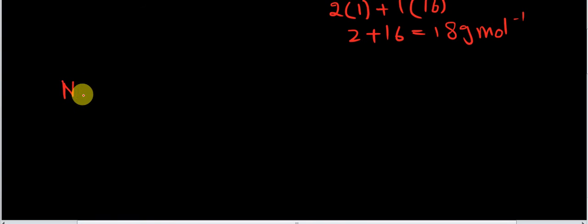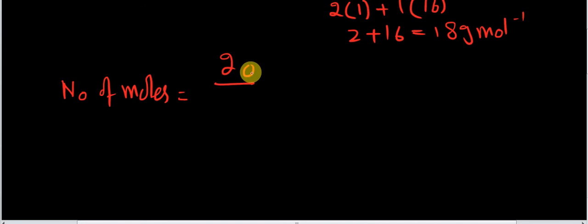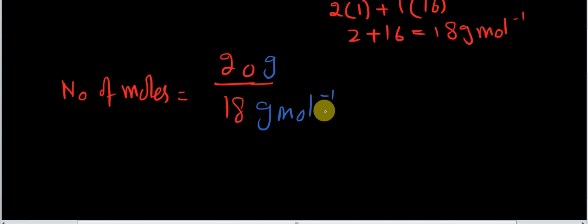Number of moles is equal to, given mass is 20 grams, write the unit also, 20 grams, and the molecular mass is 18, and write the unit also, grams per mole.